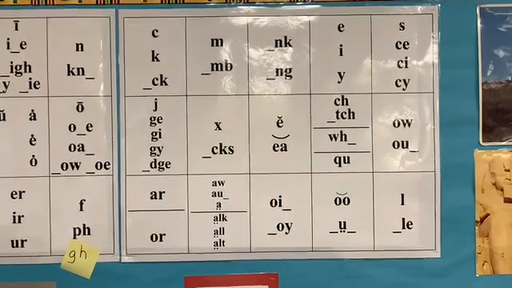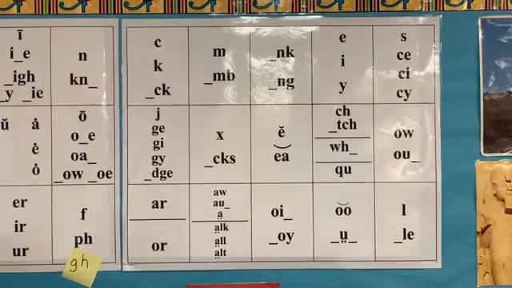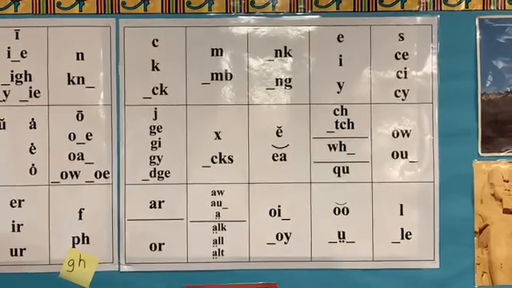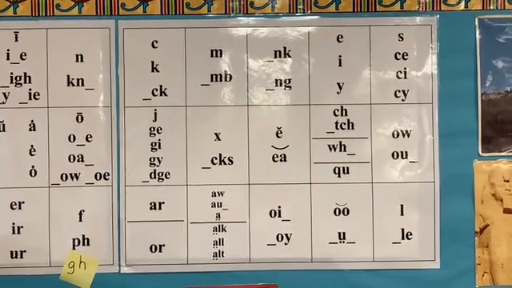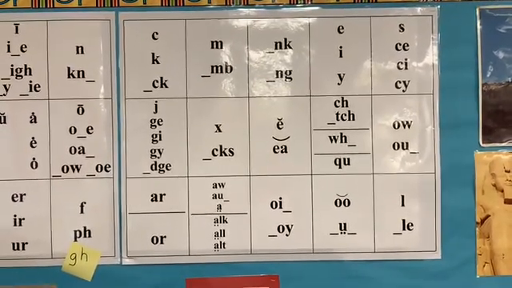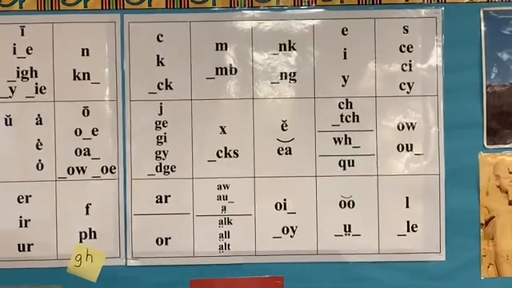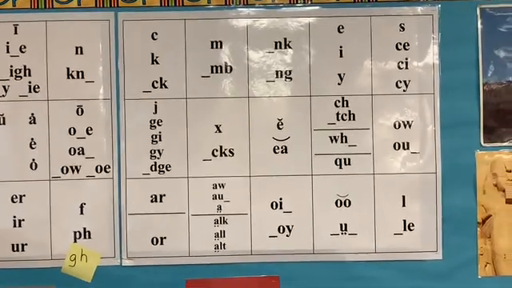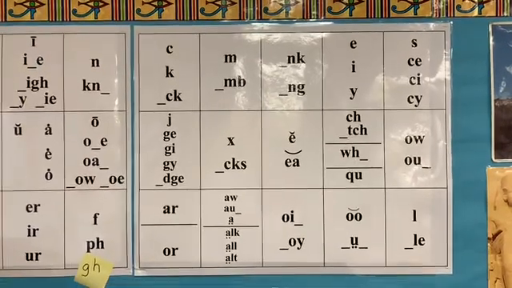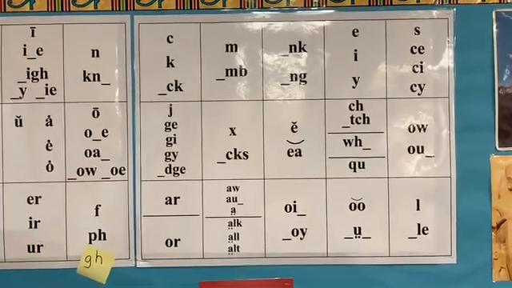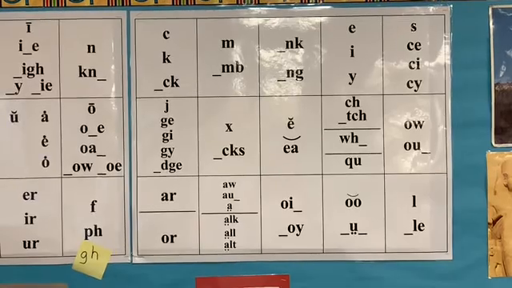E curve, E-A curve. Sound. Ch. Spellings. C-H, blank T-C-H. Sound. W. Spelling. W-H, blank. Sound. Qu. Spelling. Q-U. Sound. Ow. Spellings. O-W, O-U, blank.